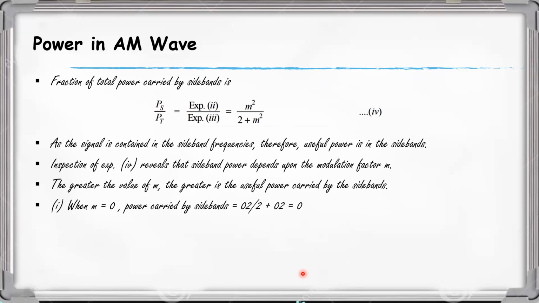When M is equal to 0, the power carried by sideband must be equal to 0. That is, here 0 square divided by 2 plus 0 square gives 0.